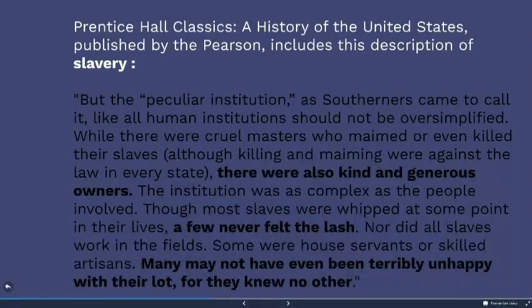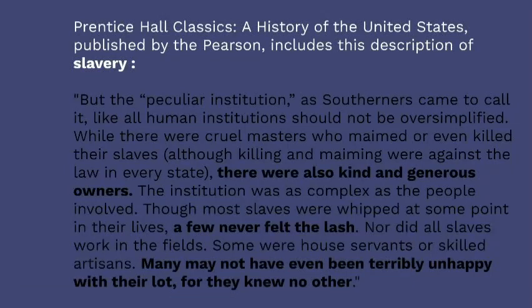Now let's look at a different textbook that talks about the history of the United States in the topic of slavery. Here it says, quote, "But the peculiar institutions, as Southerners came to call it," they're referring here to slavery, "like all human institutions, should not be oversimplified.